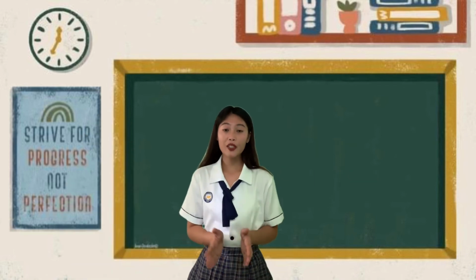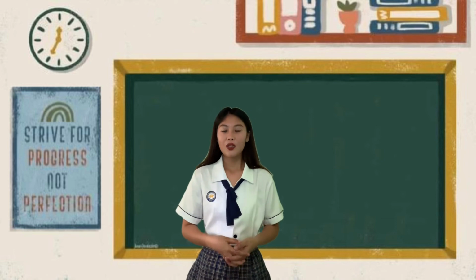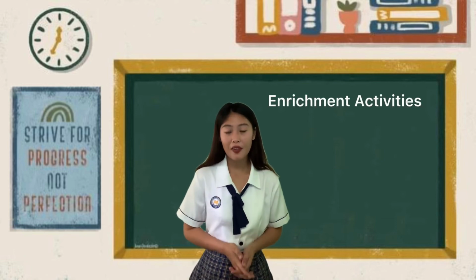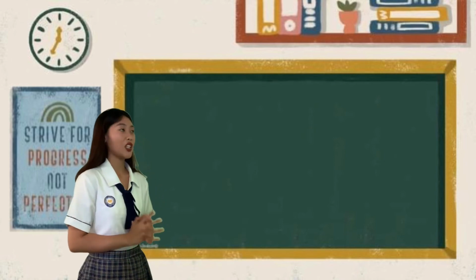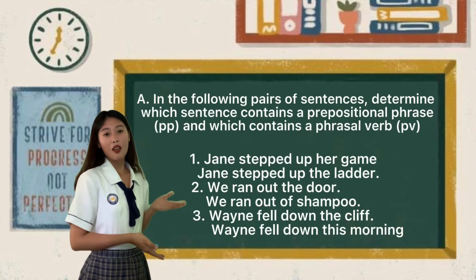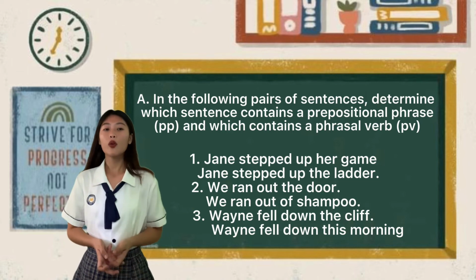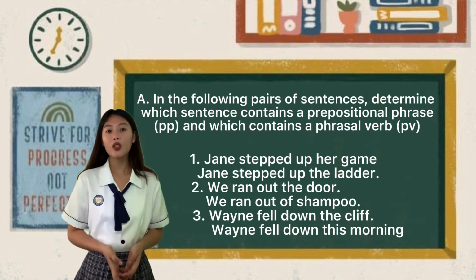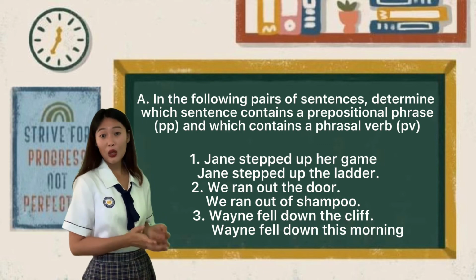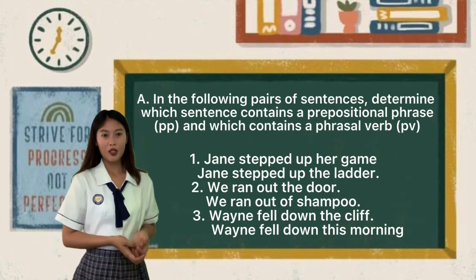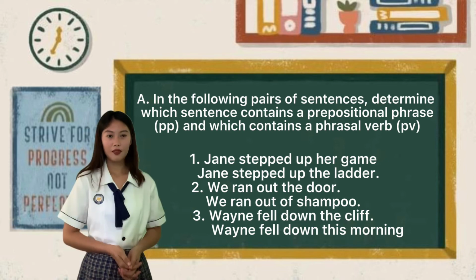So I hope you learned something from me, class. Today we're going to have enrichment activities. This activity consists of 3 categories. In the first category, you're going to determine which sentence contains a prepositional phrase and which contains a phrasal verb. So these are the questions.